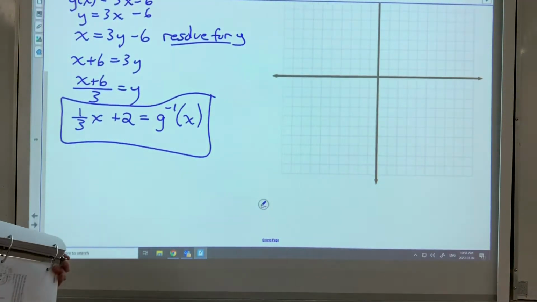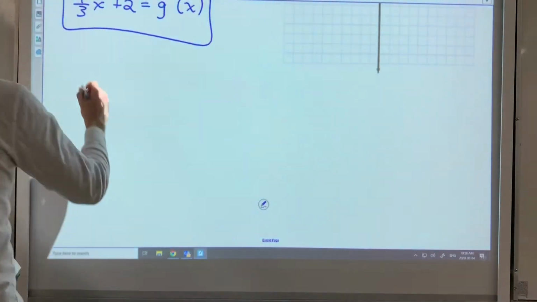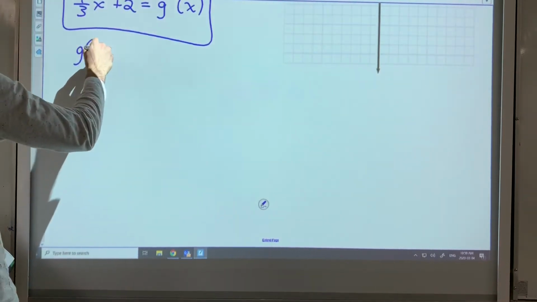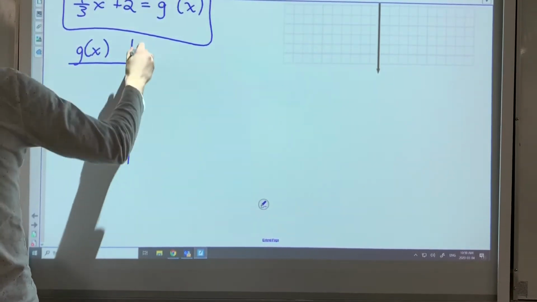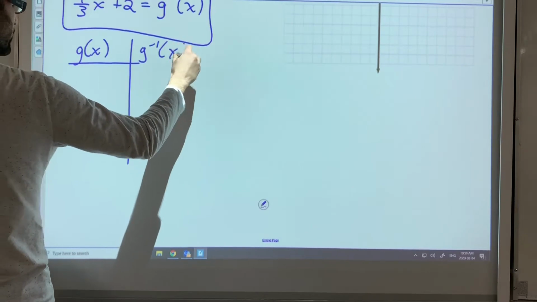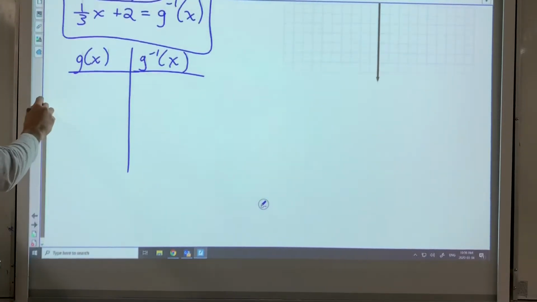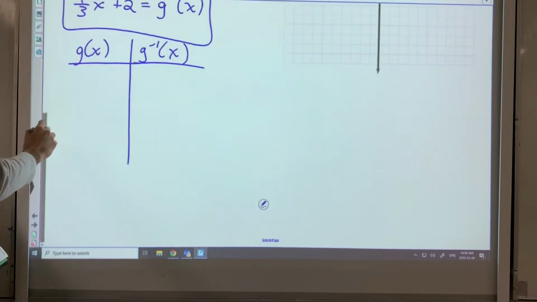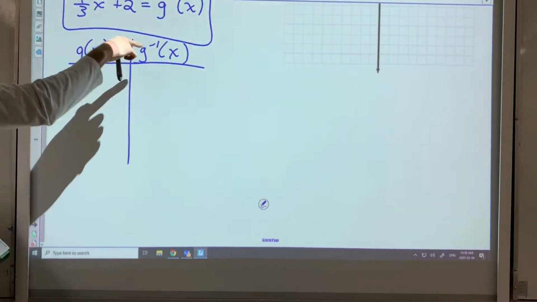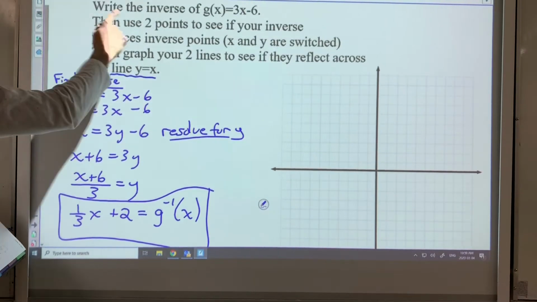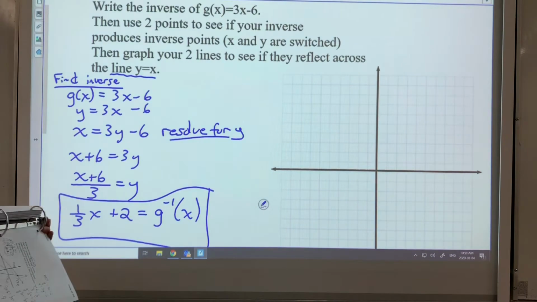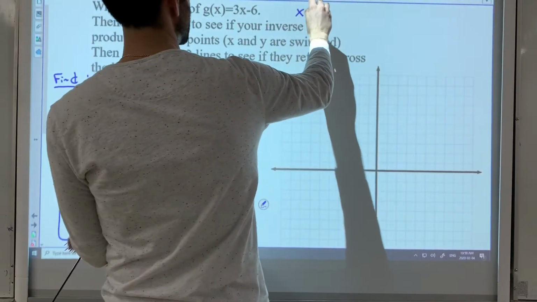And let's graph them. So the easiest thing to do would be to make a quick table of values for g of x. And then do one for g to the negative 1 of x. Now, because you guys know what the transformation is, I wouldn't necessarily bother plugging points in on the inverse. I would just grab some easy points on this one. So what's the x-intercept?